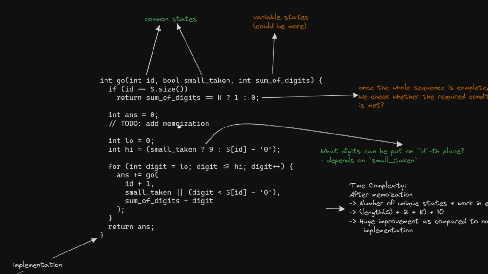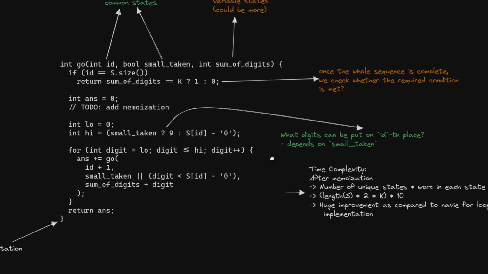Okay, so base condition: when we reach the end, or whenever we have constructed d digits, which is the size of the string representation s of n, then we check whether sum of digits is k. If it is k, then we return 1, meaning the count is 1, there is one number found with sum of digits equals to k.